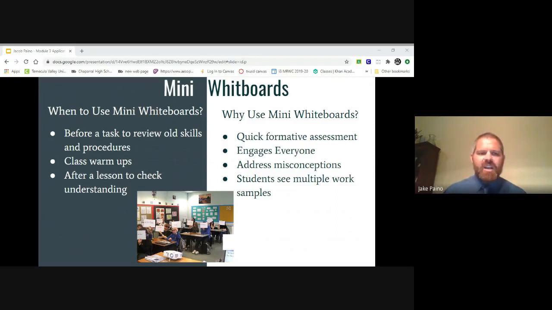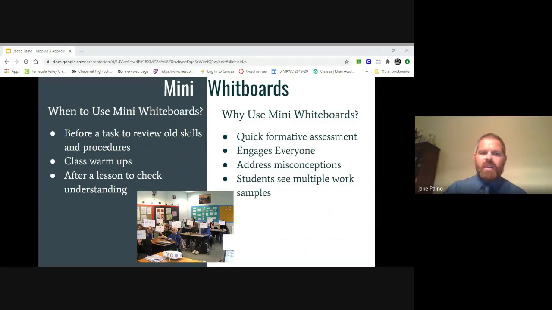Make sure the kids understand that skill because it'll be used during the task. Or if you taught a lesson that was heavy on procedures, use it at the end, kind of like an exit ticket: show me how you do this, just for a quick check before they work independently. So whiteboards are a key part.